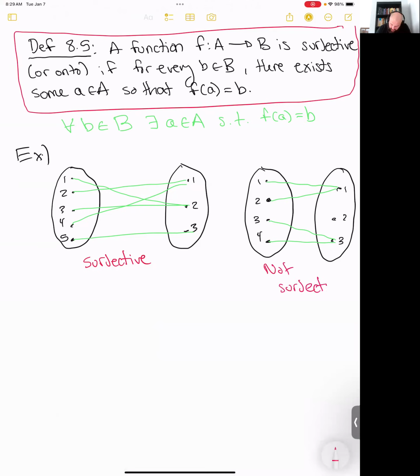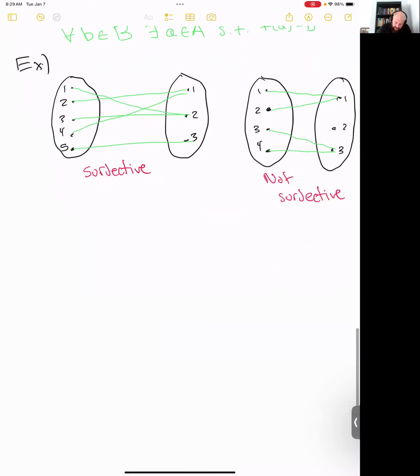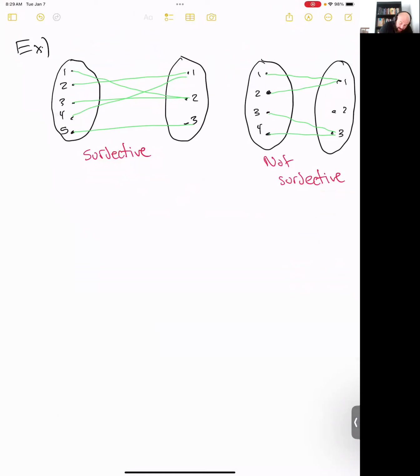Because nobody gets sent to 2 in the codomain. Okay, simple enough. Again, we'll get more practice with this when we go to prove that things are surjections or injections or not. But for now, I'm just defining them.